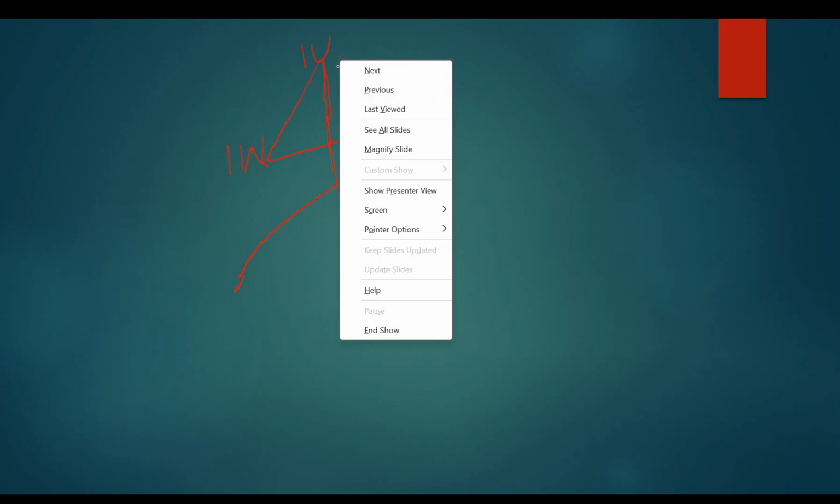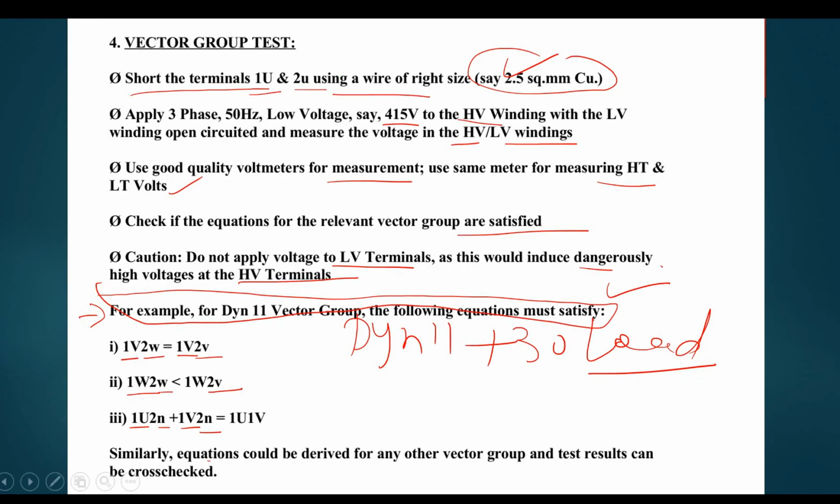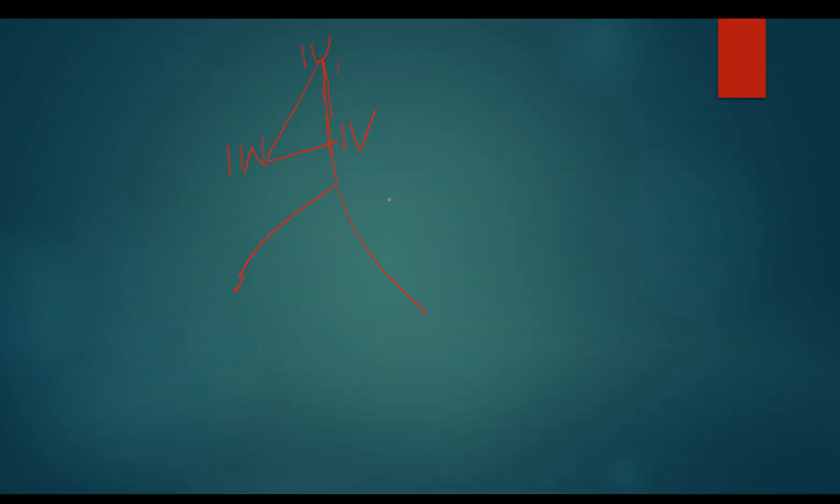D is capital, meaning 1U, 1V and 1W, and this is the star, 1U, 1V and 1W.